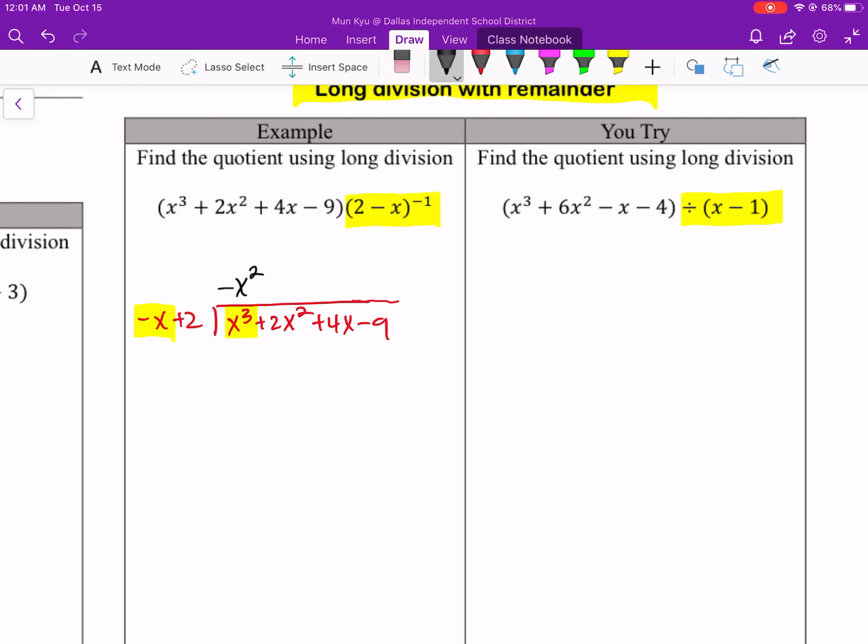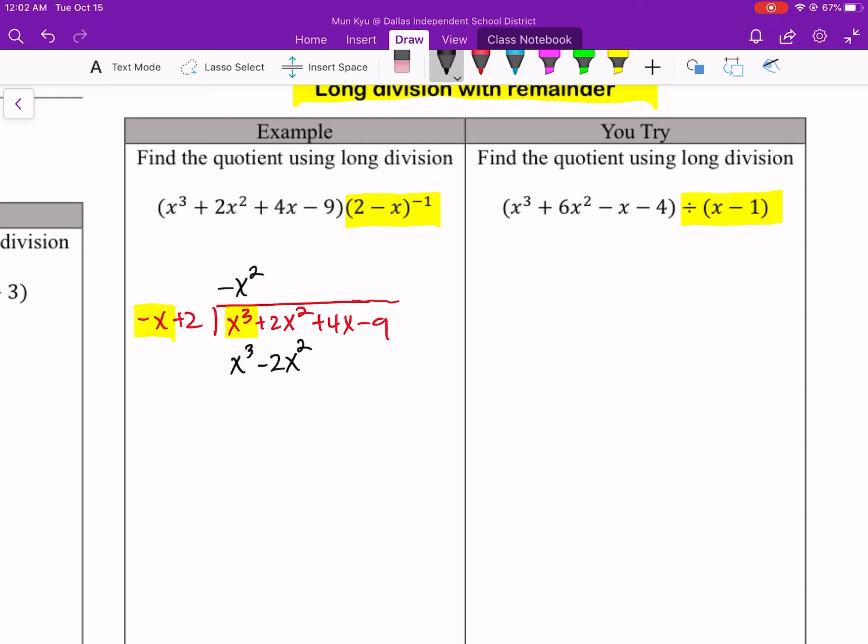Because negative x times negative x squared is going to be positive x cubed. Also, positive 2 times negative x squared is going to be negative 2x squared.